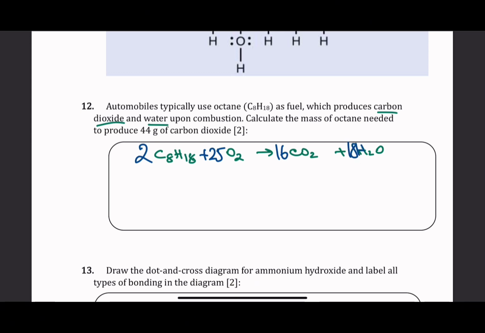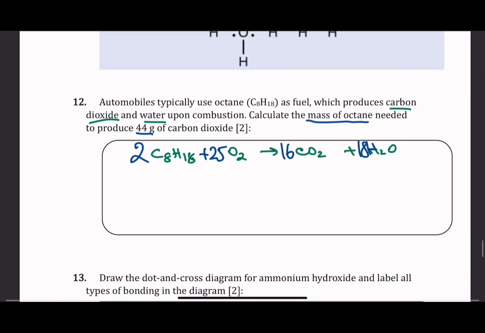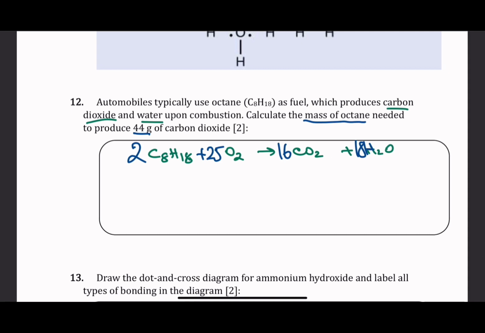Now the reaction is balanced. The next thing it is asking us to calculate is the mass of octane needed to produce 44 grams of carbon dioxide. Now, for carbon dioxide, what I recommend you to do is to find the molar mass of CO2. If you check the periodic table, you will see that carbon is 12, hydrogen is 1, and oxygen is 16.